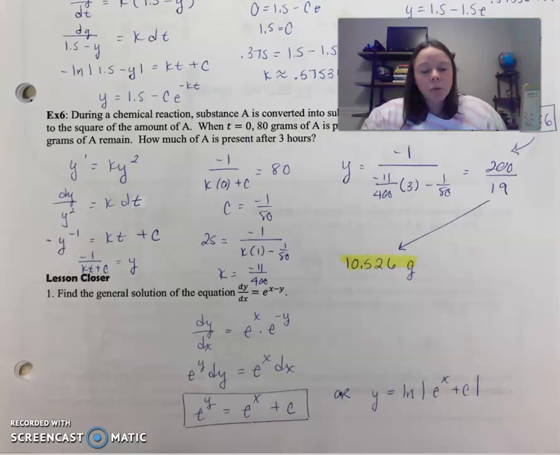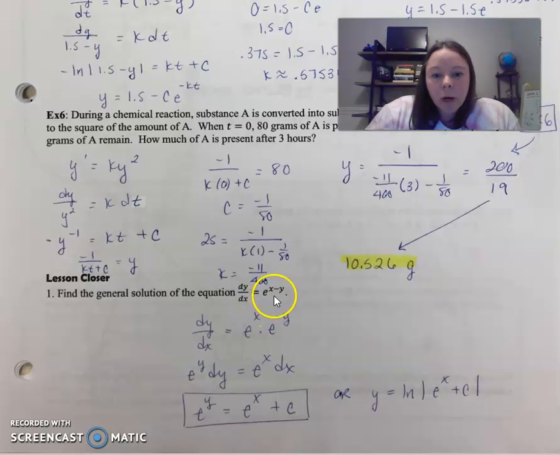So in these notes, don't forget that you have the capability of rewriting this as e to the x times e to the negative y, because if you were to combine that back together, you would just add the exponents and get back what you started with. But you have to do that in order to separate your variables. So now you can divide over that e to the negative y and then move it up and then multiply over the dx. Now you're able to separate.